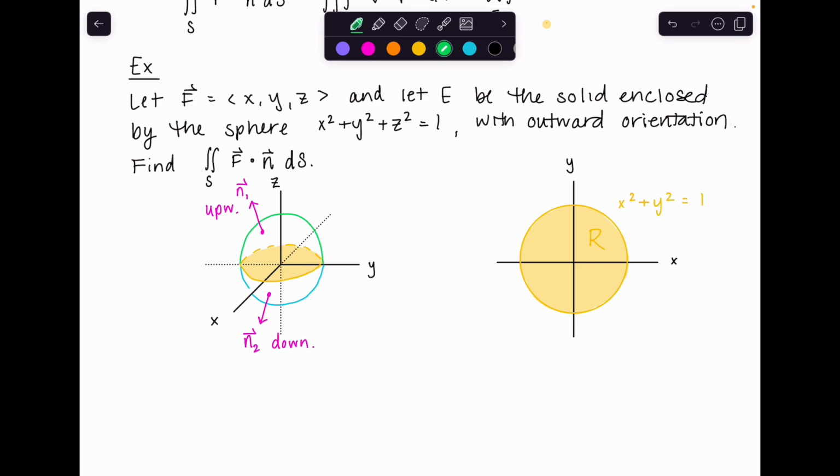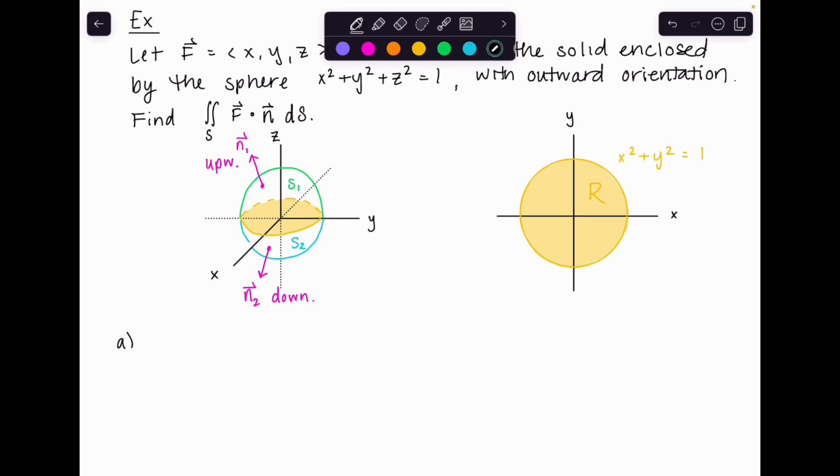So really, I need to define this using 2 surfaces. I've got S1 and S2 to indicate the separation between those normal vectors. Okay. So we're going to evaluate this surface integral first without using the divergence theorem.